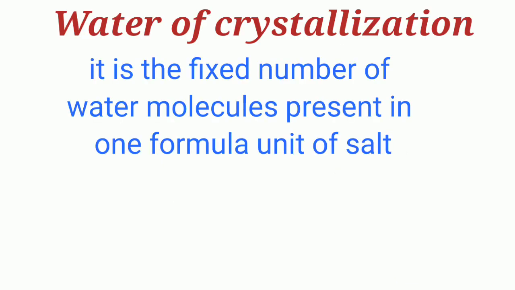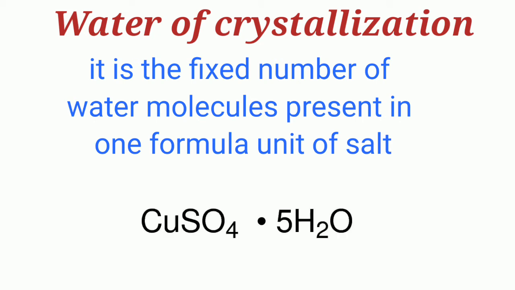Water of crystallization is the fixed number of water molecules present in one formula unit of a salt. For example, 5 water molecules are present in one formula unit of copper sulfate. So, the chemical formula of hydrated copper sulfate is CuSO4.5H2O.